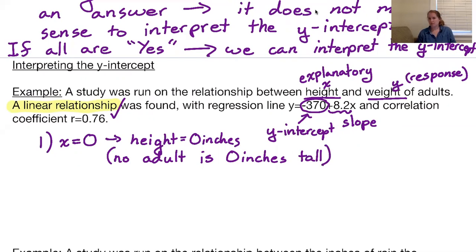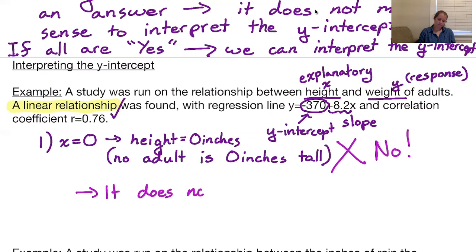In fact, it makes no sense for any people, adult or not. So in this case, this is a definite no, and we can go ahead and just say it does not make sense to interpret the y-intercept.